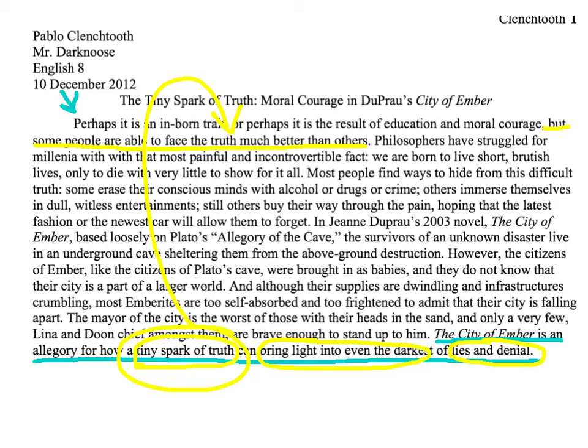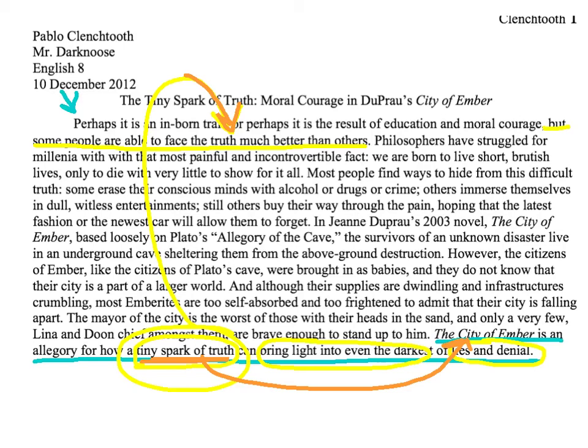Down here at the bottom, I'm speaking about the tiny spark of truth in the context of the city of Ember. But up here at the top, I'm talking about the truth in a general philosophical context.